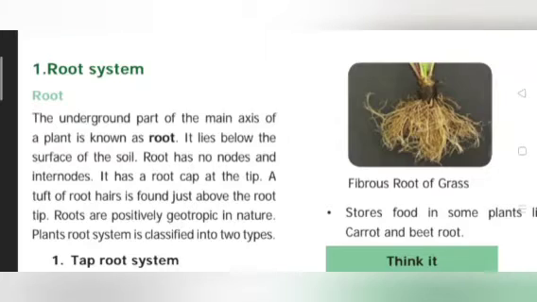A tuft of root hairs is found just above the root tip. So above the root tip you can find a tuft, a bunch of root hairs. The roots are positively geotropic in nature. What do you mean by positively geotropic?